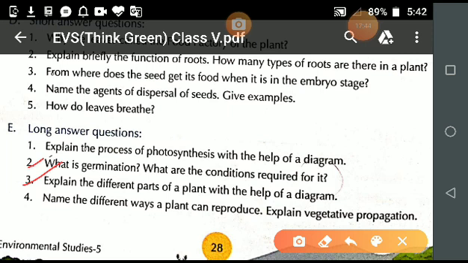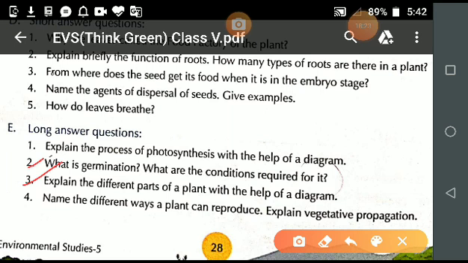And now the question arises, what does the stem bear? Branches, leaves, buds, flowers and fruits. Is it clear? The stem bears branches, leaves, buds, flowers and fruits.